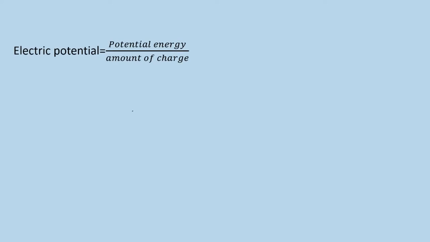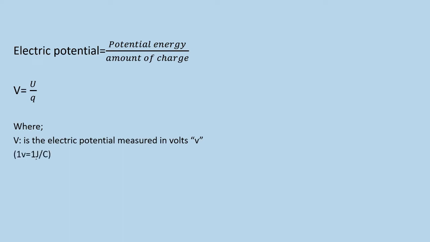The electric potential, in mathematical representation, is the potential energy divided by the amount of charge. So it's U over Q. The electric potential is symbolized by V, where V is the electric potential measured in volts, and 1 volt is equivalent to 1 joule per coulomb.